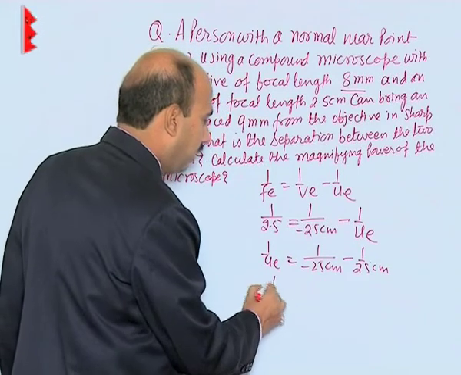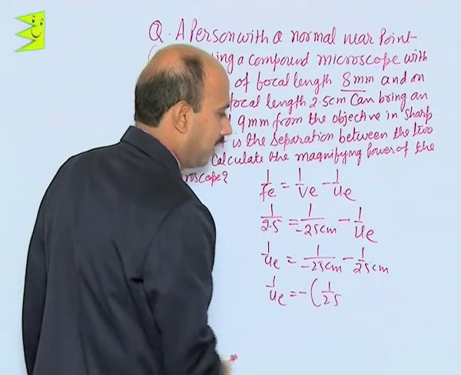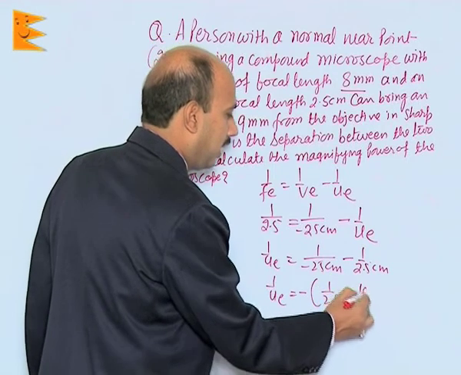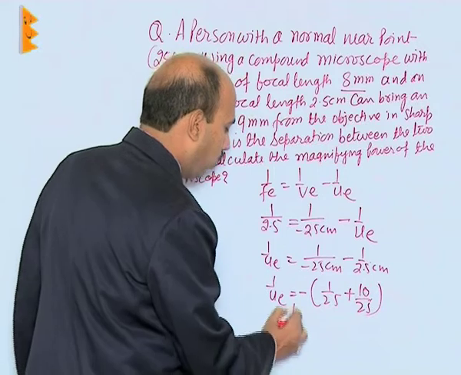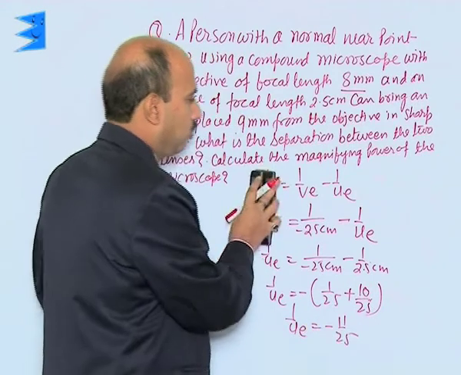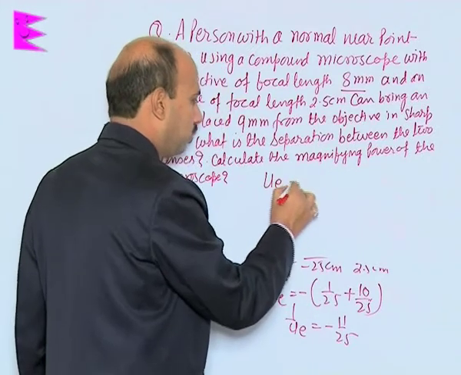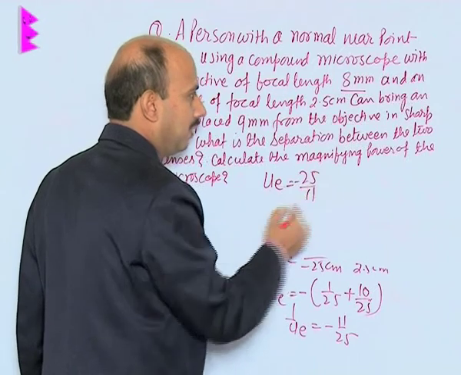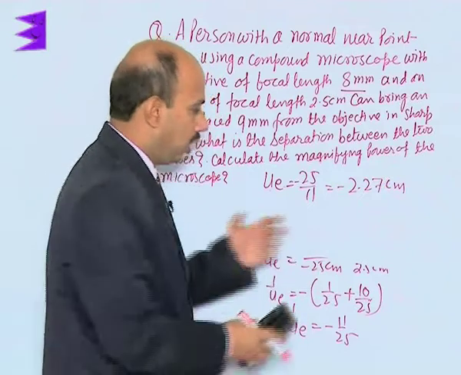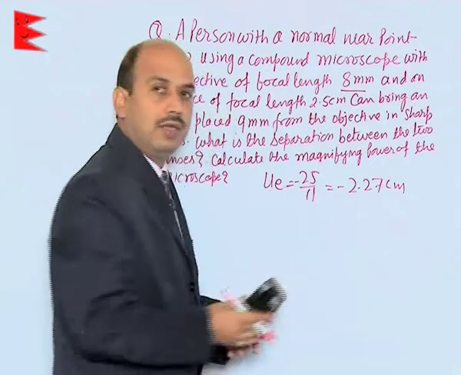Then we can write 1 upon U_E is equal to minus, taking common, 1 upon 25 plus 10 upon 25. So, 1 upon U_E is equal to minus 11 upon 25. So, U_E is equal to minus 25 by 11, which is minus 2.27 centimeter. So, this we have got now here in this case U_E.